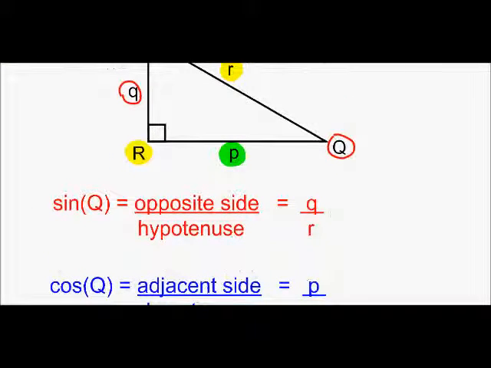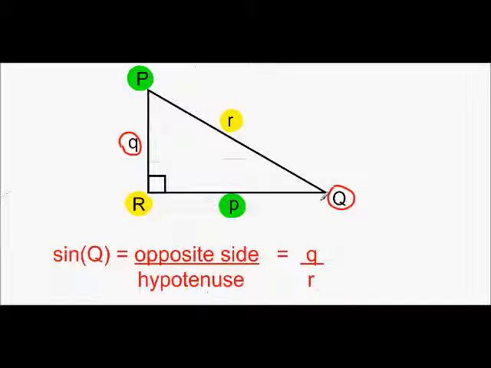So, okay, let's look at the definition of these three ratios. So let's start off with sine, and we're doing all of these with respect to Q. So I'm going to put a star at Q, so that we remember that's who we're talking about.